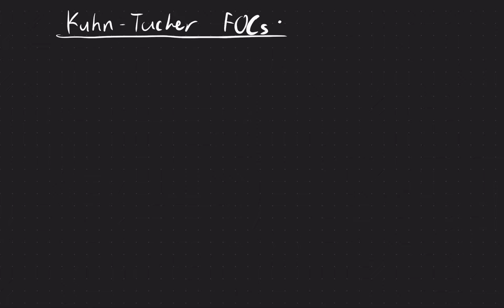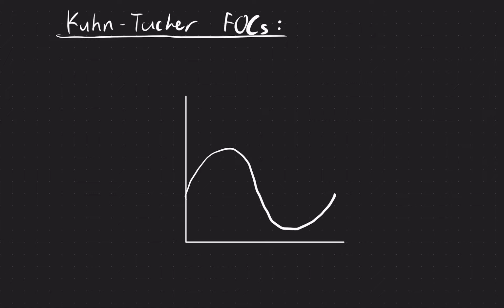So we're going to now go into the Kuhn-Tucker conditions. The Kuhn-Tucker first-order conditions are essentially necessary conditions, but they aren't going to guarantee an optimum. To give a simplified example, suppose I have this function of one variable, and I'm trying to find a maximum.